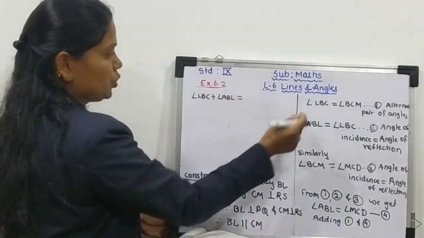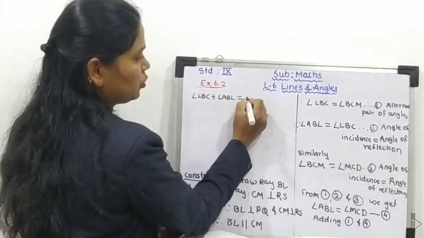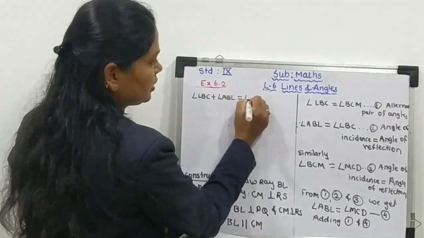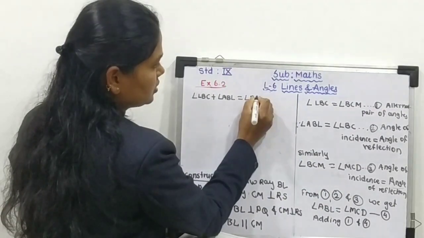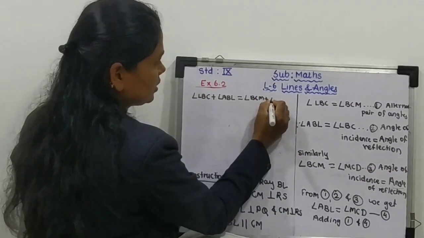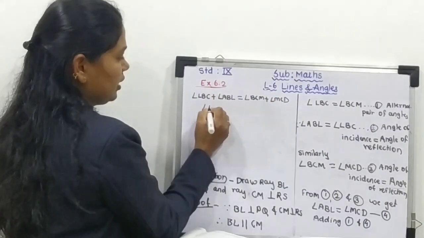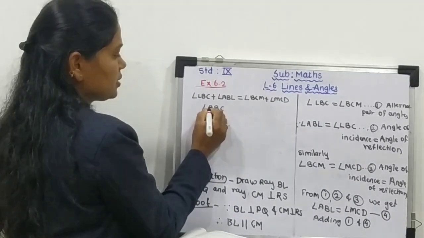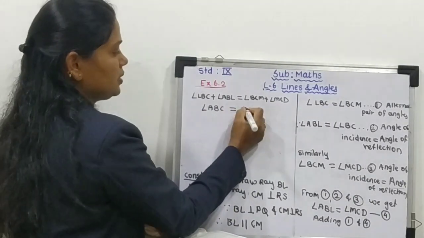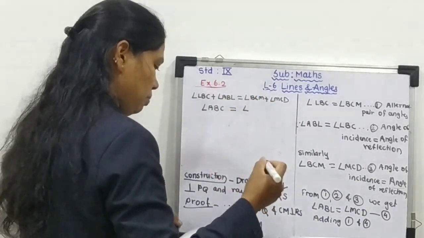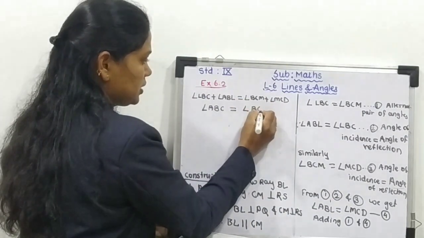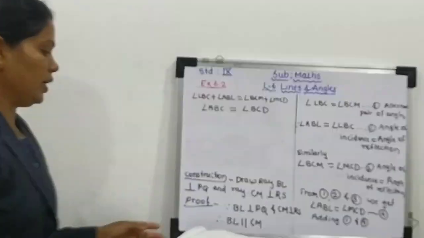While adding, we add left with left and right with right, so angle BCM plus angle MCD. So this whole angle we get is ABC, please see in your figure, plus angle BCD, right?